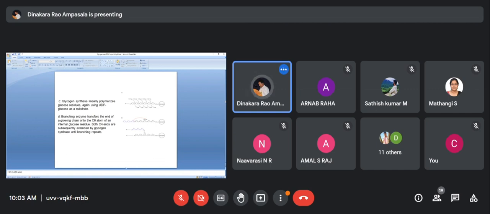So here you can see glycogen synthesis, linear polysaccharides of glucose residues, again using UDP glucose as a substrate. This is the glycogenin protein, with a tyrosine molecule added. The tyrosine hydroxyl group will be attached to a glucose molecule, and then the activated UDP glucose interacts with the glucose molecule.